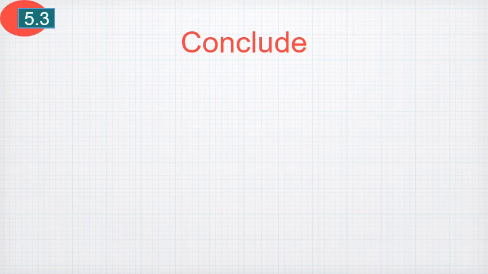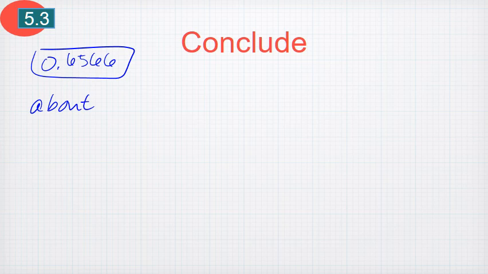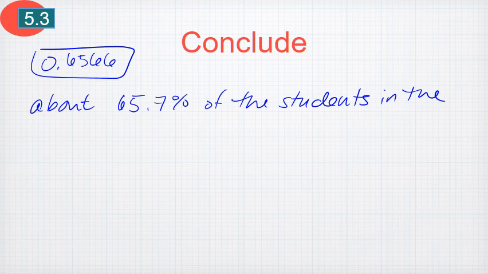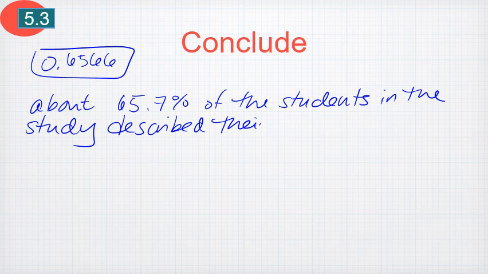Okay, now here comes the conclude part. I came up with my probability in the last step, right? And we had a big talk about context. I can't just say, hey, here's my answer, boom. What I need to say is about 65.7% of the students in the study described their grades as good.